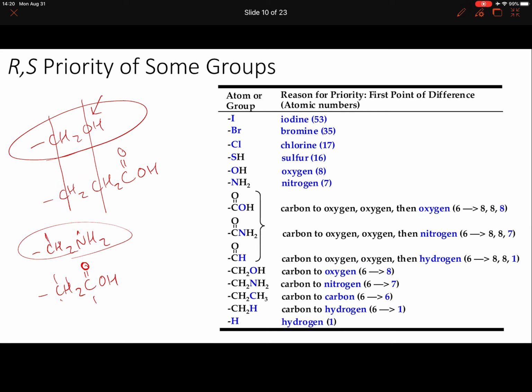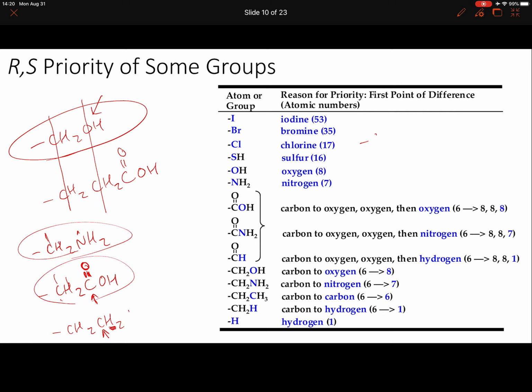What if we kept going? What if this was CH2, CH2, even then, this carbon here is attached to two hydrogens, whereas this carbon here is attached to 3 oxygens. I guess we could just look at the double bond. 2 oxygens. 2 oxygens trumps 2 hydrogens. So this would get priority.